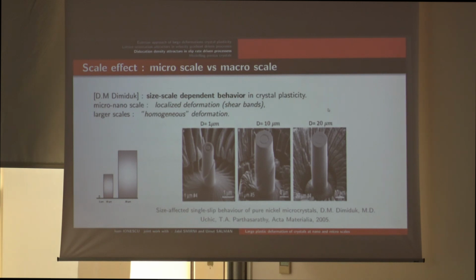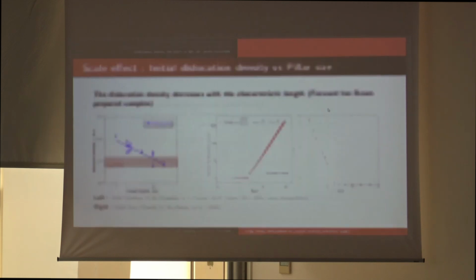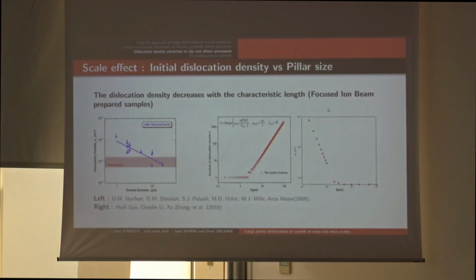there are people who try to explain that with some models which are related to the size. But this model is not related to the size, it is related to the dislocation. And what can you see here?